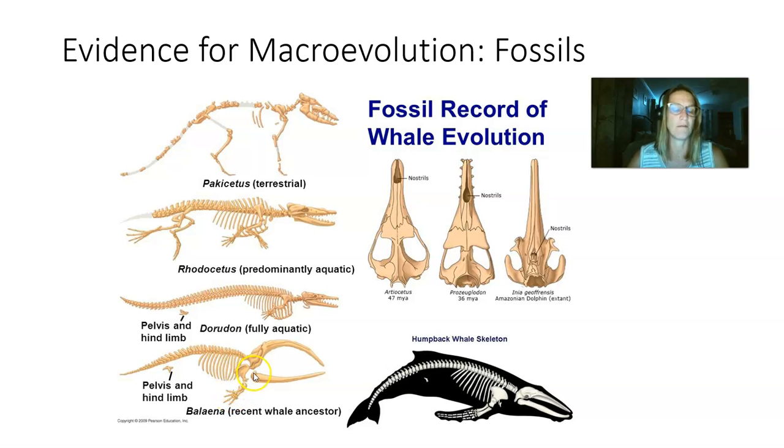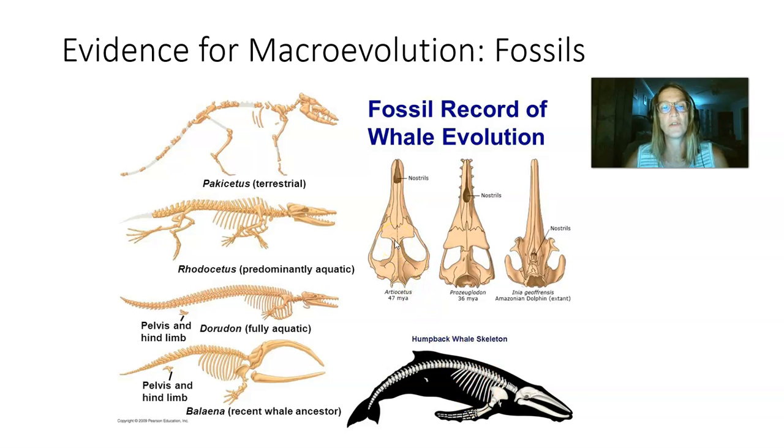If we go back and find older fossils, we can find other organisms that have some similarities, but the skull is very different here. And going further and further back, we find that Pakicetus is the likely terrestrial ancestor of not only whales, but all aquatic mammals in that group called cetaceans.